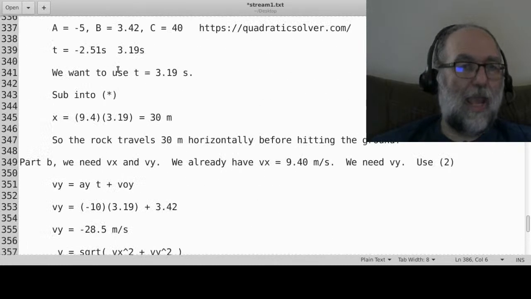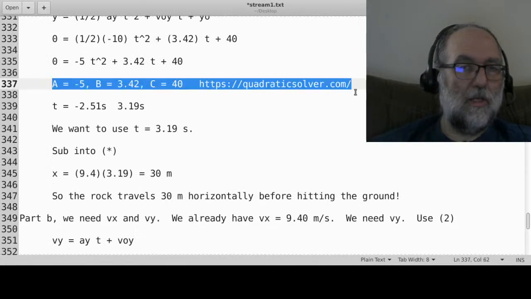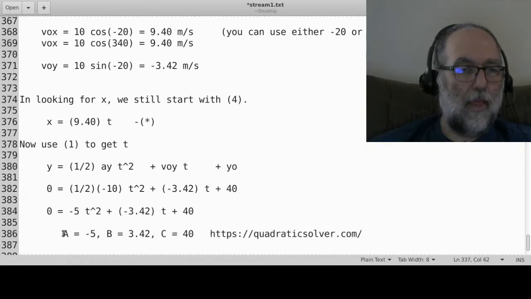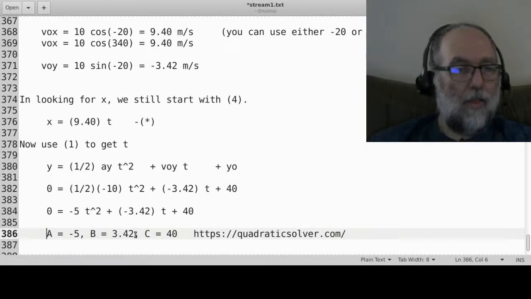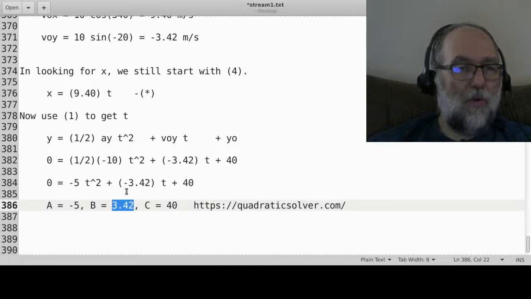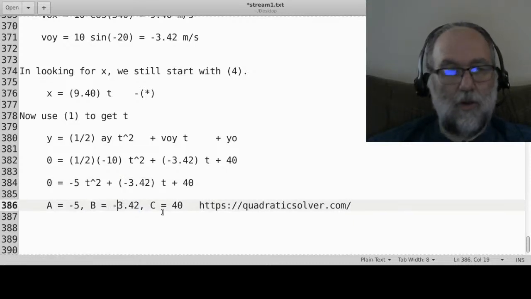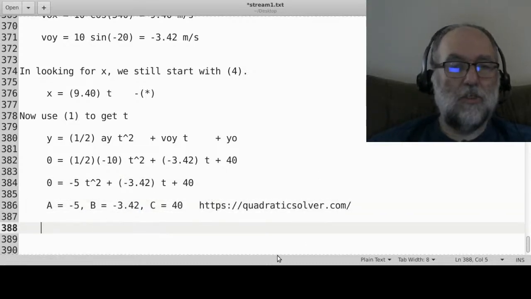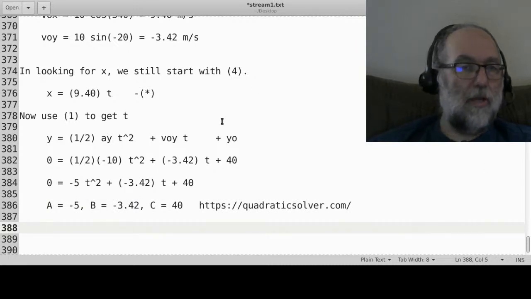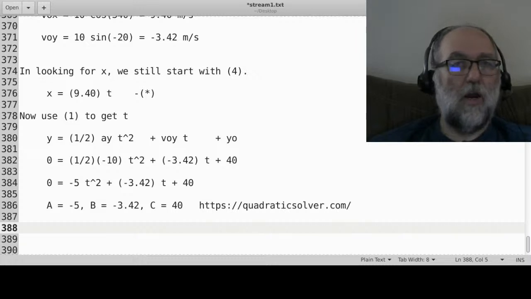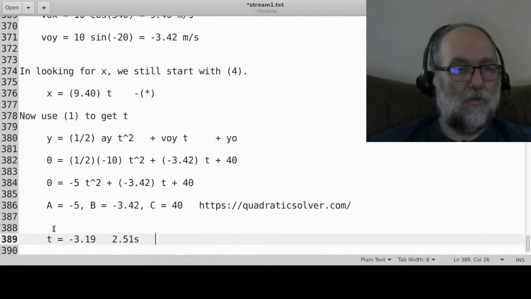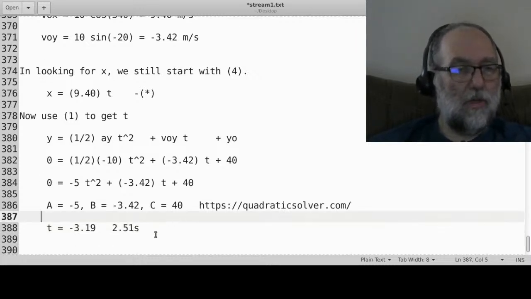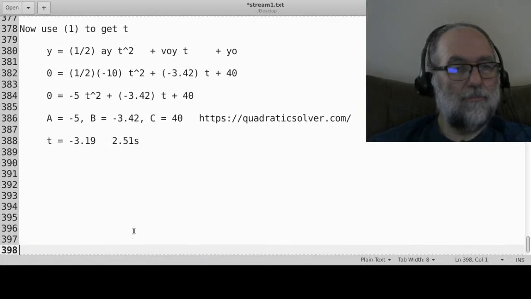And up here, if you take the coefficients, above you had positive 3.4. Here we have negative 3.4, okay? So plug it into quadraticsolver.com, and you will find that your 2 times are these values right here.